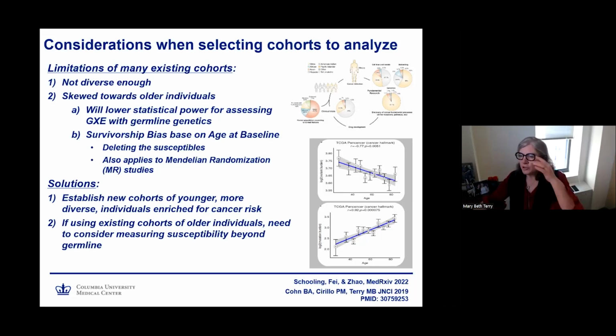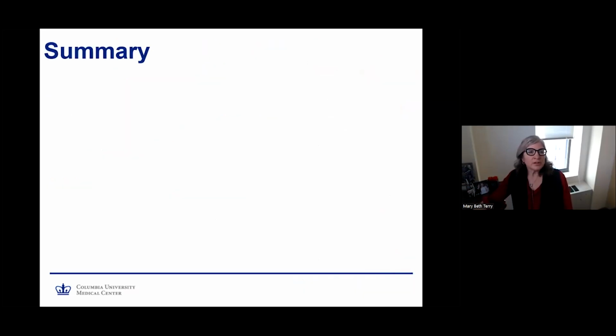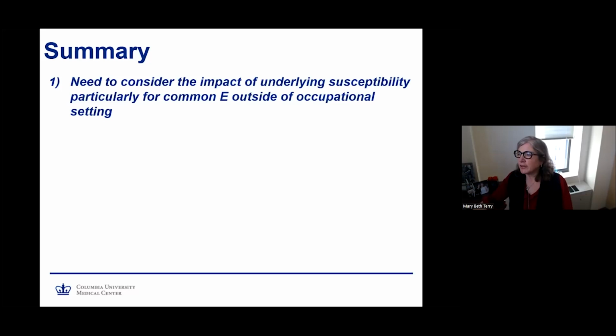So some solutions may be to establish new cohorts. You've heard about some of the new exciting cohorts funded by the NIH. We should think about establishing new cohorts of younger, more diverse individuals enriched for cancer risk, and if using existing cohorts of older individuals, we definitely need to think more about measuring susceptibility beyond the germline genetics. Finally, we need to consider the impact of underlying susceptibility, particularly for common environmental exposures outside of an occupational setting.